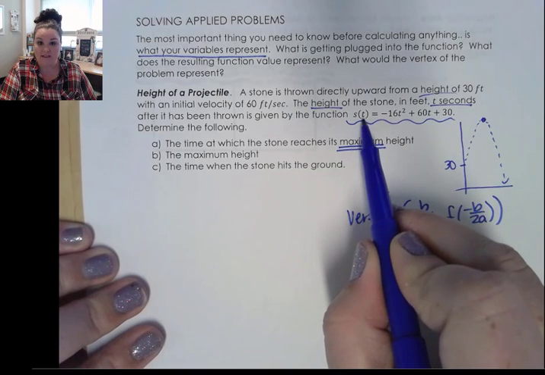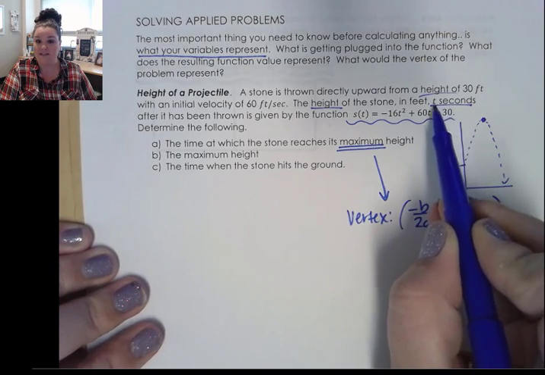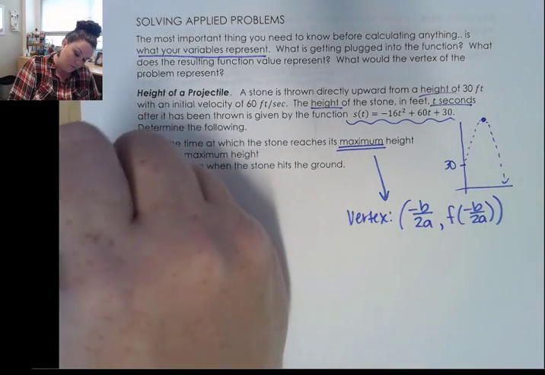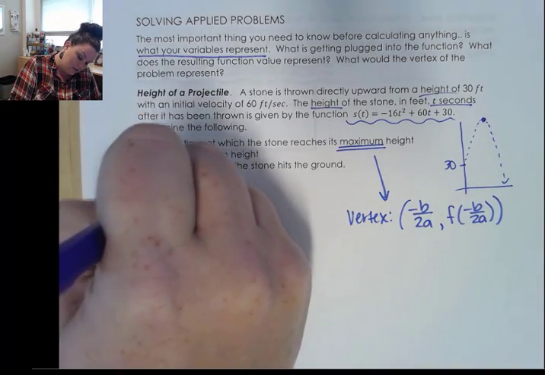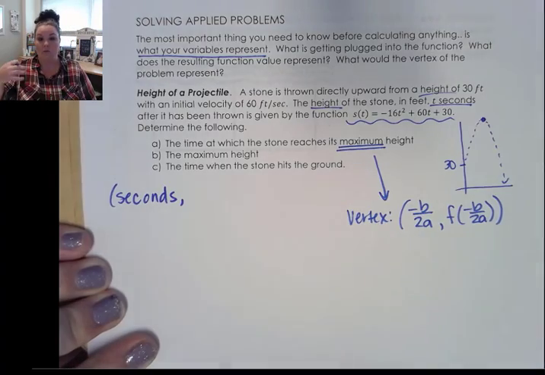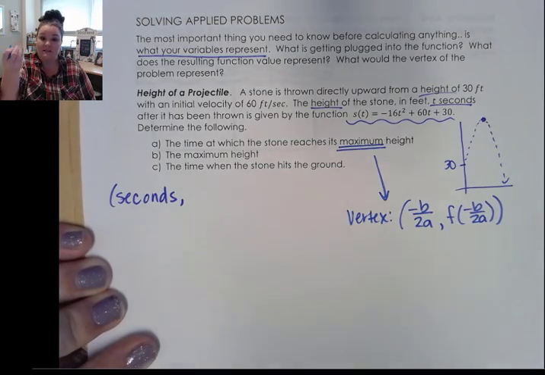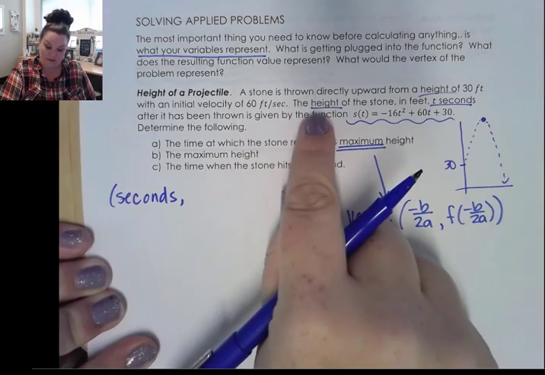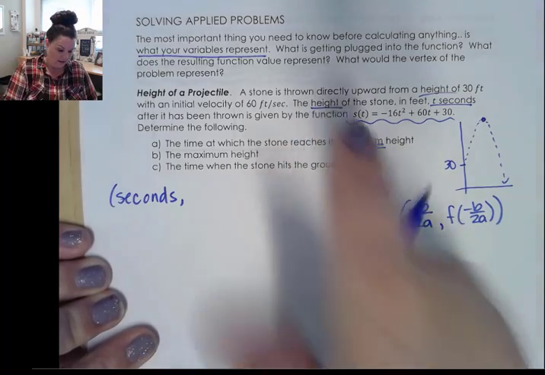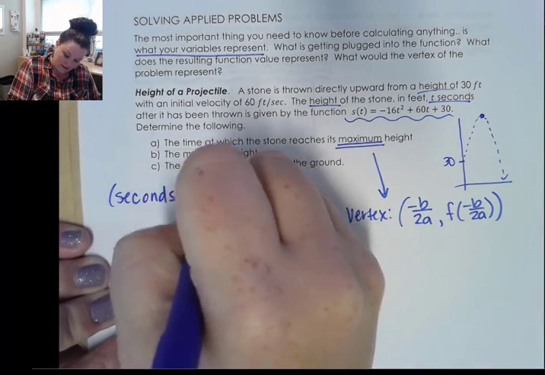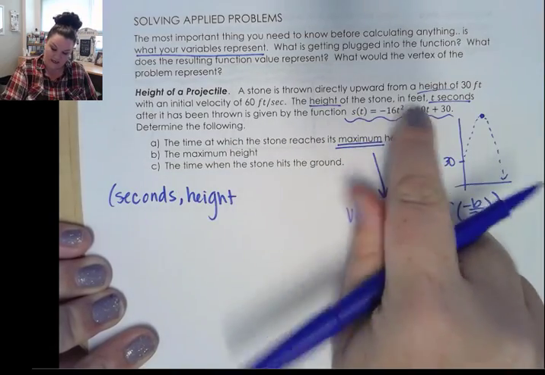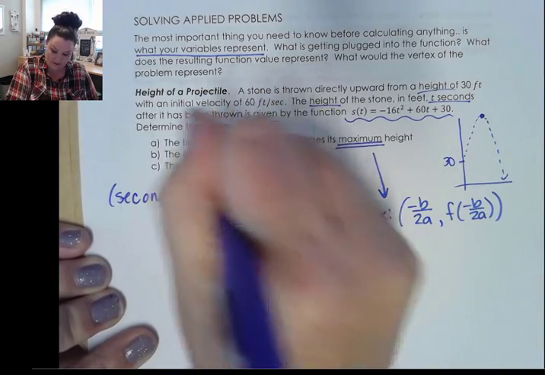T is what's getting plugged in, and it says here we're talking about t in seconds. So that means we're plugging in seconds or time, right? And what we're getting out is if we plug in a specific time, we should be able to figure out the height, okay? So I'm going to go ahead and say the height here, which they said is in feet, okay?